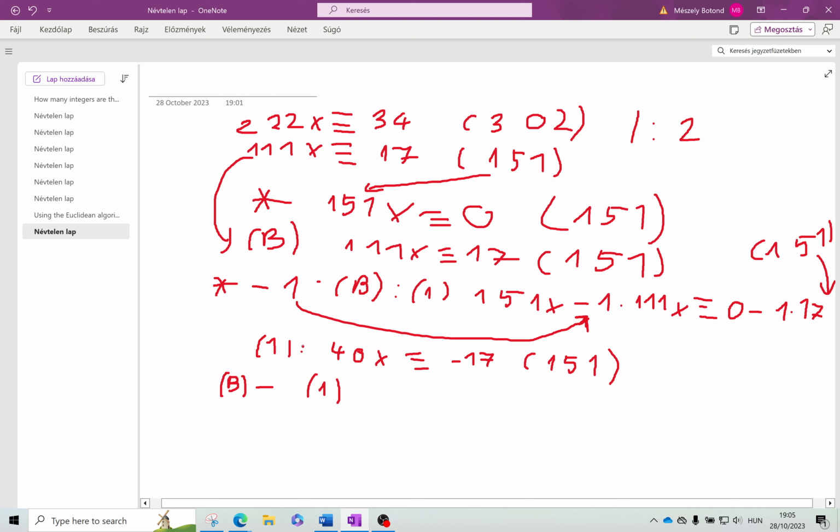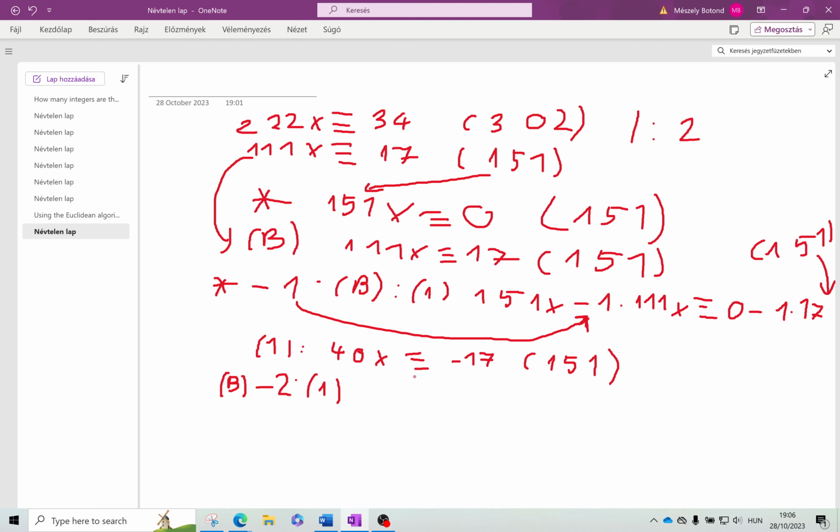The number 1 equation is 40x congruent minus 17 modulo 151. So we have to check how many times we can subtract 40 from 111. It's 2, because 2 times 40 is 80, 3 times is 120, which is more than 111.